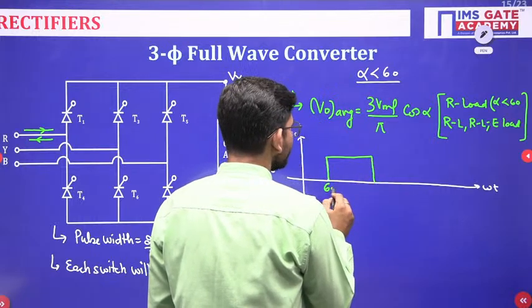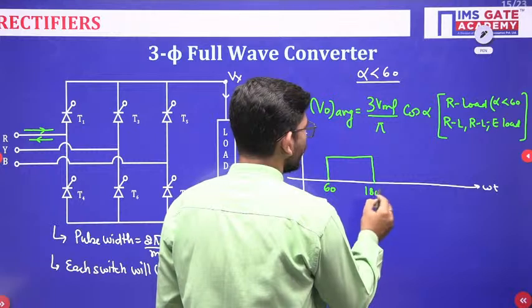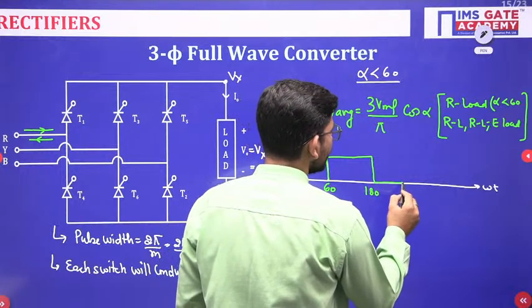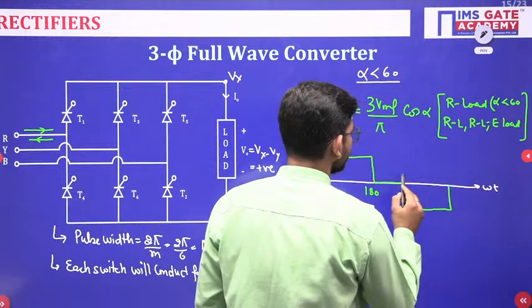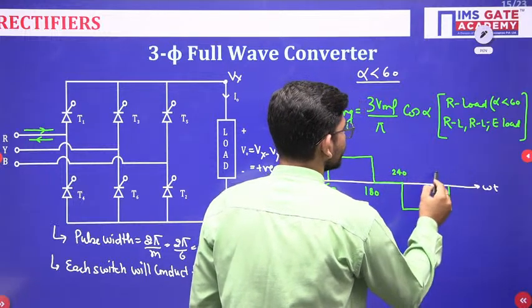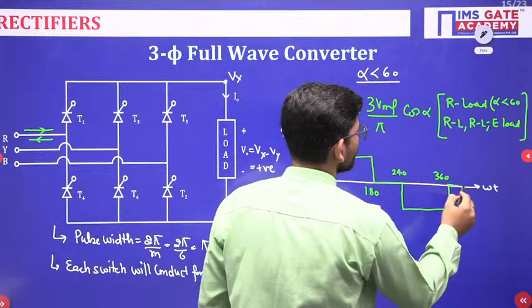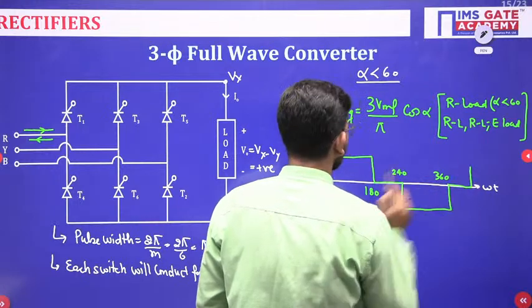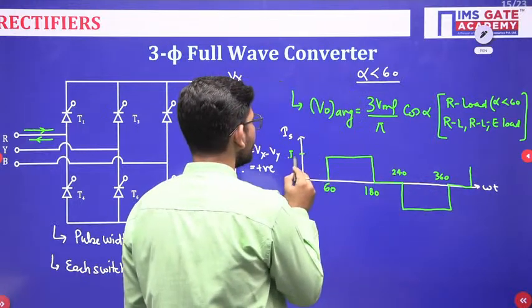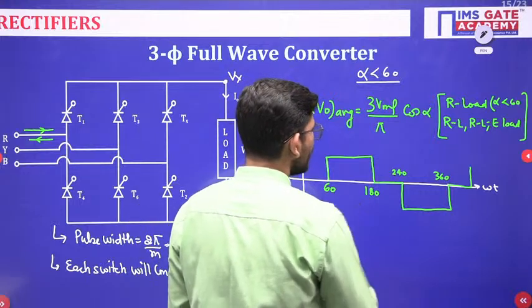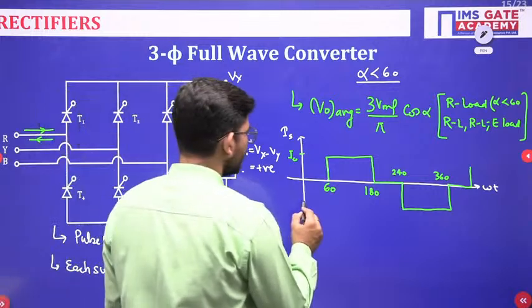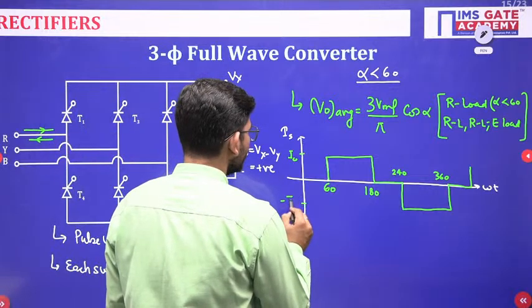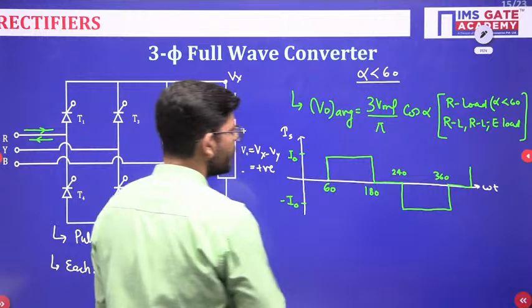So this will be 60 and 180, then we will have 240 to 360, and the magnitude will be I naught. This is how we get the source current waveform.